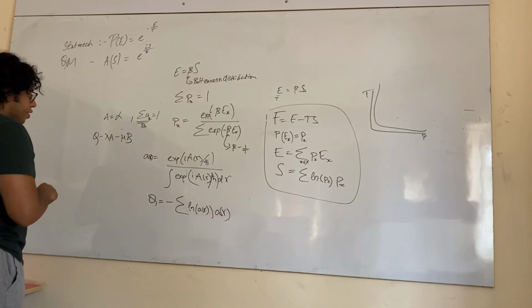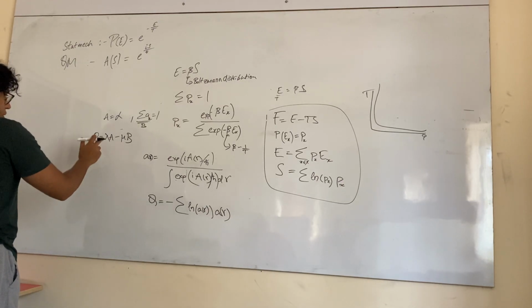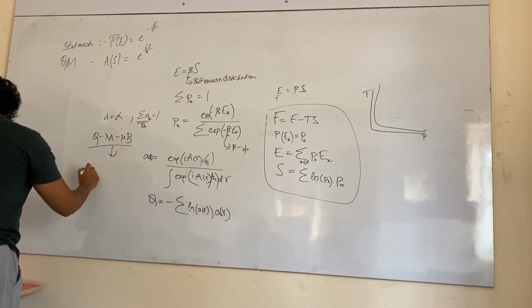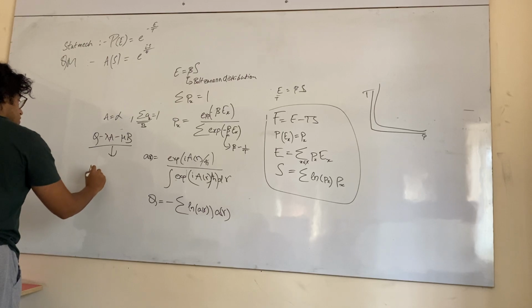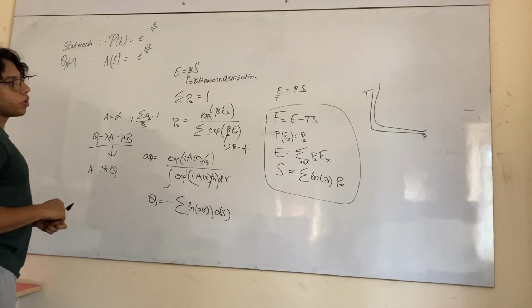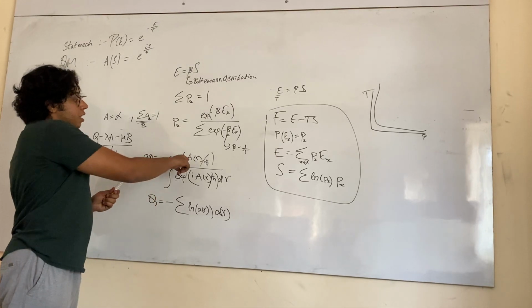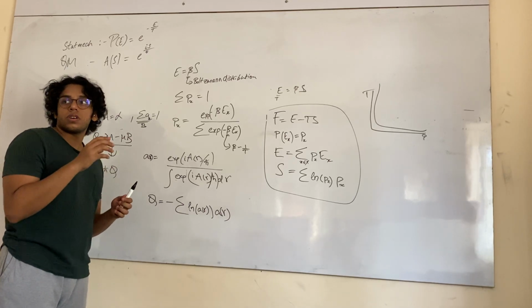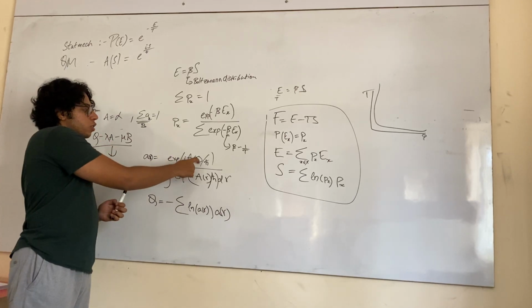So when you compute this, the free action is given by A minus i h bar Q. A is the action, not the amplitude. A is the action with particular value gamma.